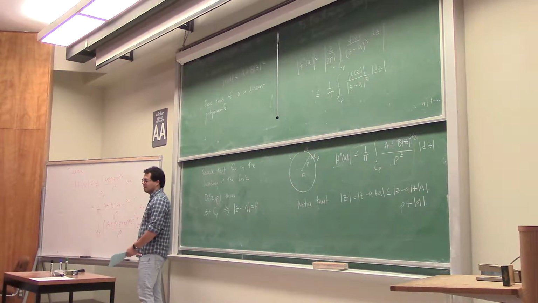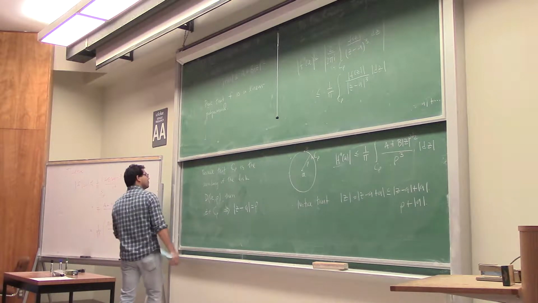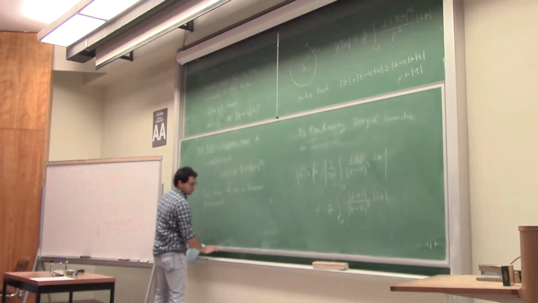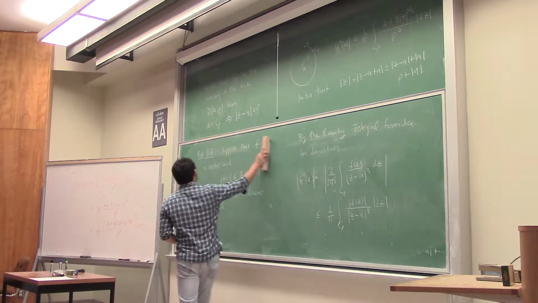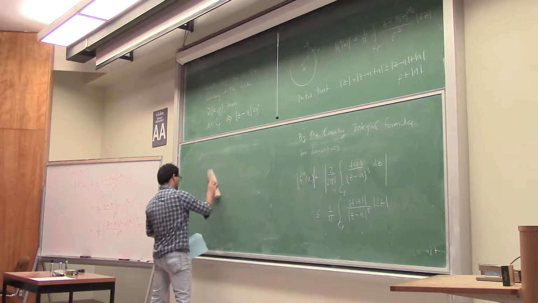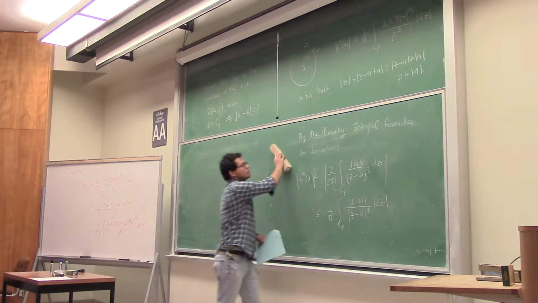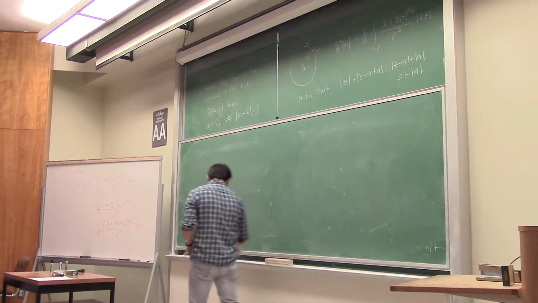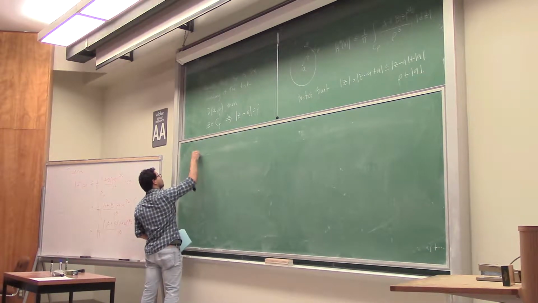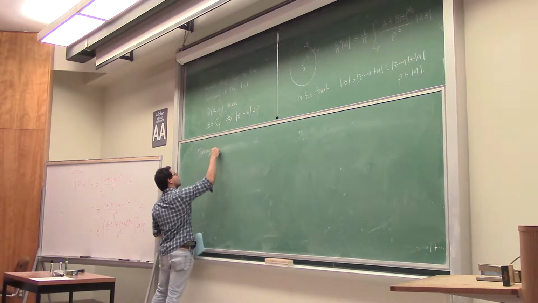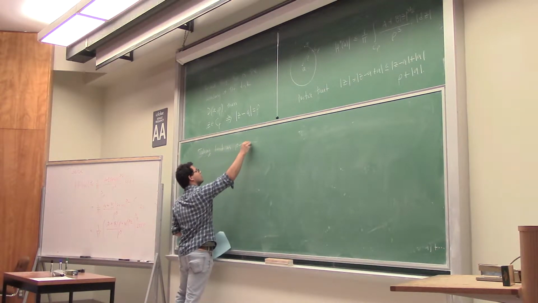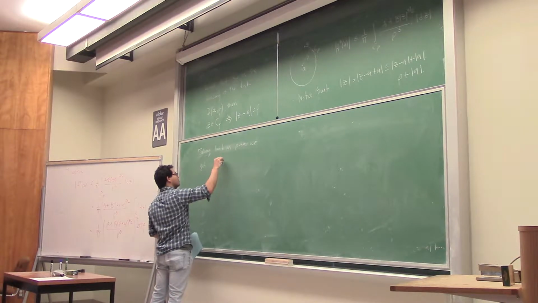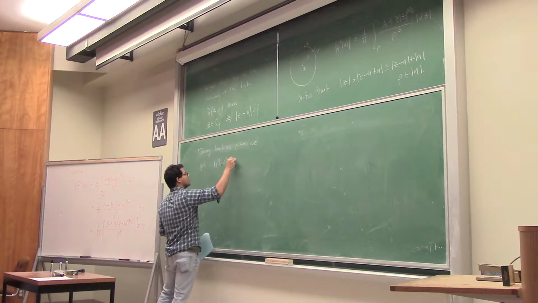And then I'm done. So taking the limit as R goes to infinity, we get that the absolute value of the second derivative is actually 0.